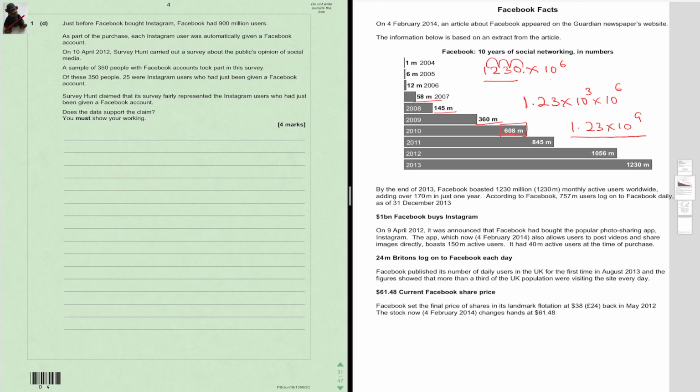So because the Instagram users were, at the time of the purchase, they had 40 million active users, they would have 900 plus 40, that will give them 940 altogether.